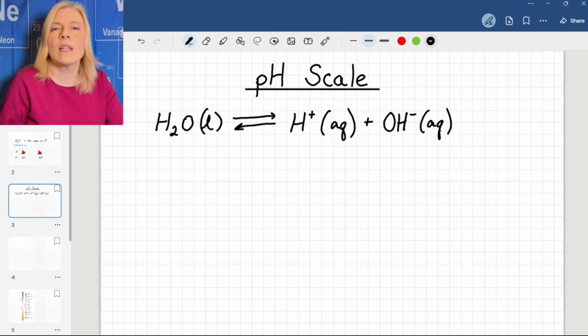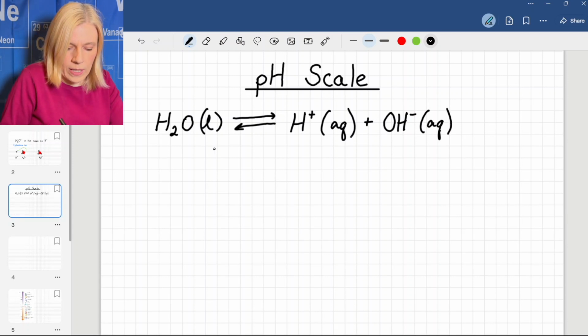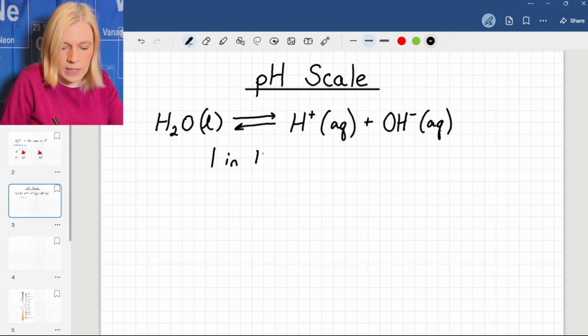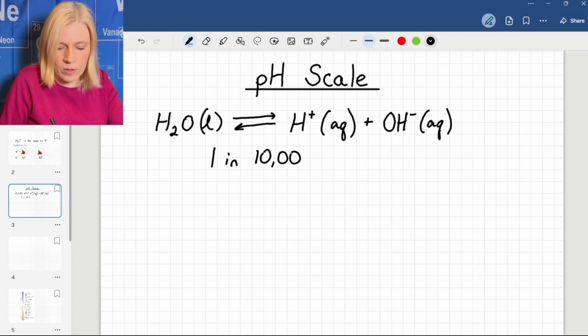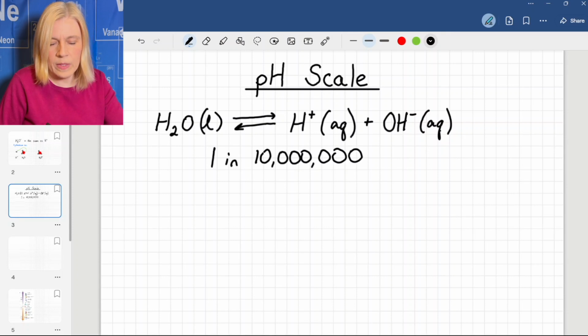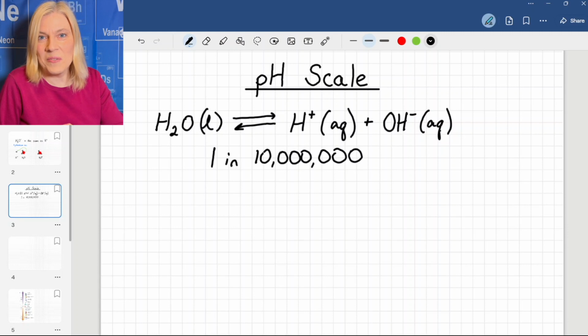And this happens on its own: 1 in 10 million water molecules will split up. Wow. Maybe you think it's a lot. Maybe you think it's not. We will see what it means.